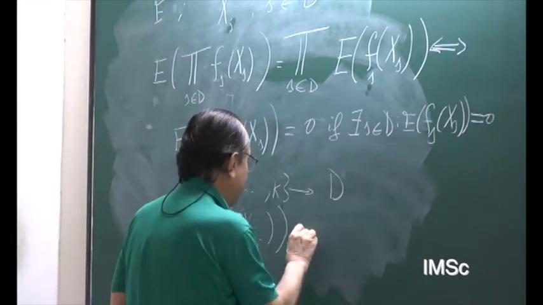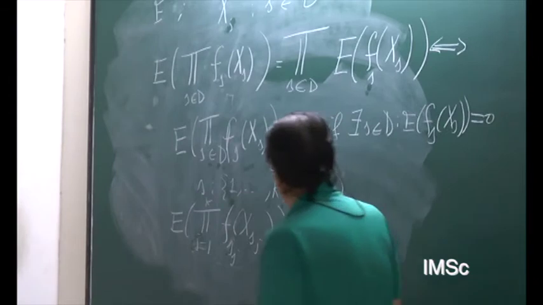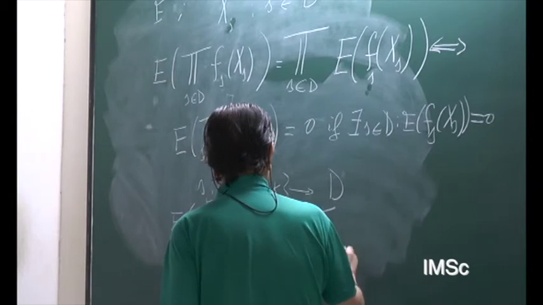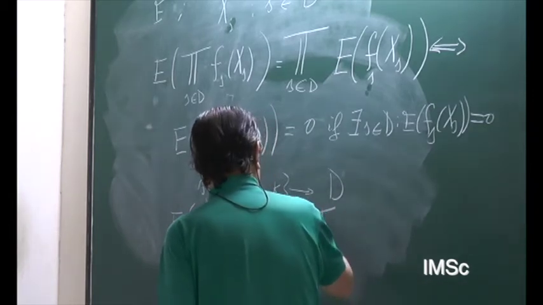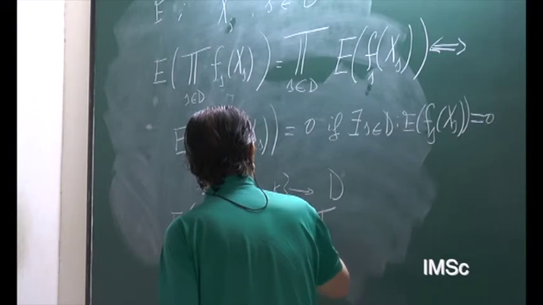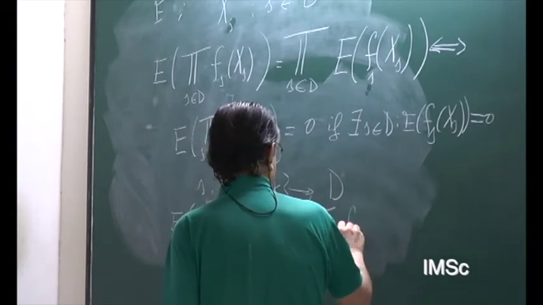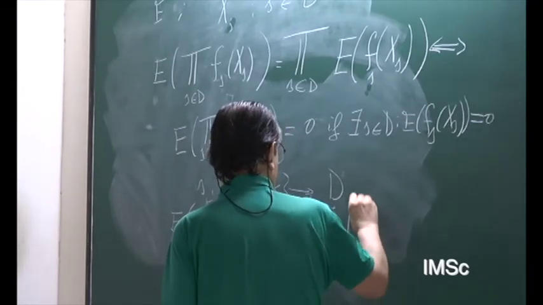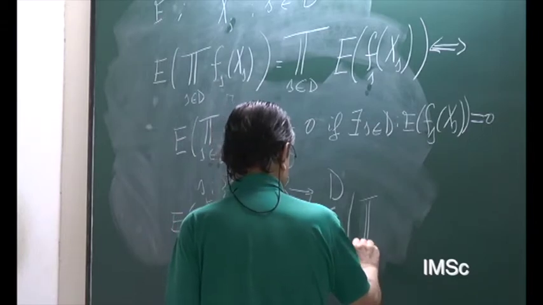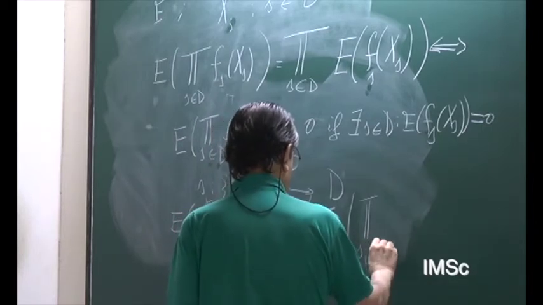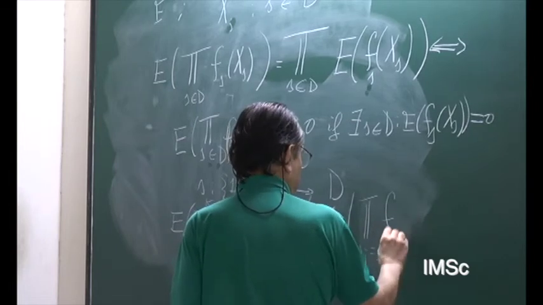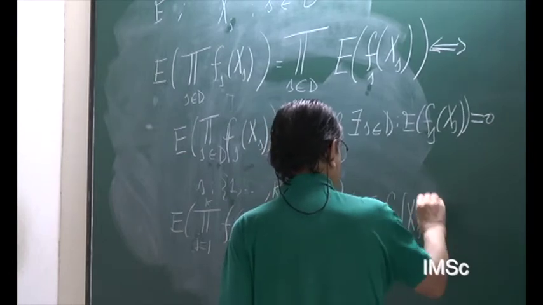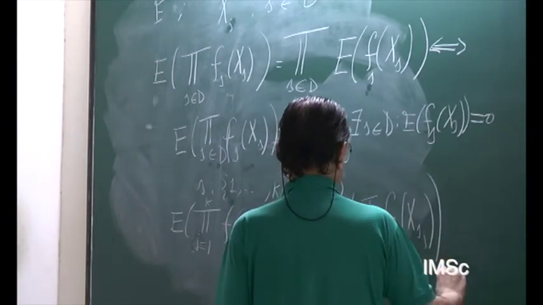In the commutative case, this product will be simply a product over S belonging to D of the expectation of the product of all the Fsj(Xsj) such that Sj is equal to S, and that's all.